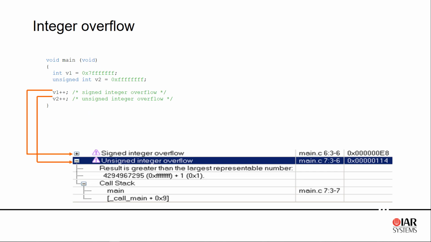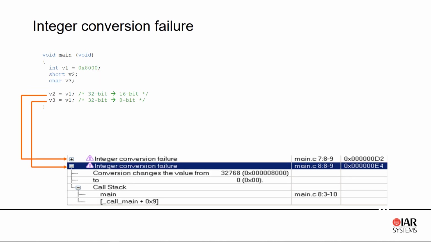So if we look at integer overflow, that's a case where as we are performing some sort of calculation, we actually overflow what could be, for example, the 32-bit value maximum integer if we're on a 32-bit microcontroller. Additionally, integer conversion failures are another huge source of problems where we're either doing an implicit or explicit cast and it materially changes the value of how that variable is interpreted.